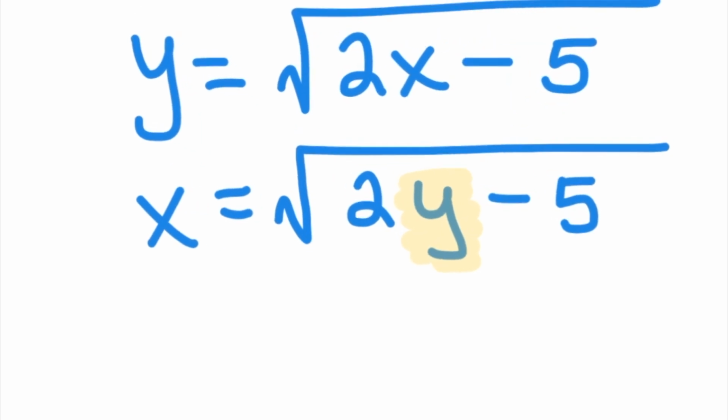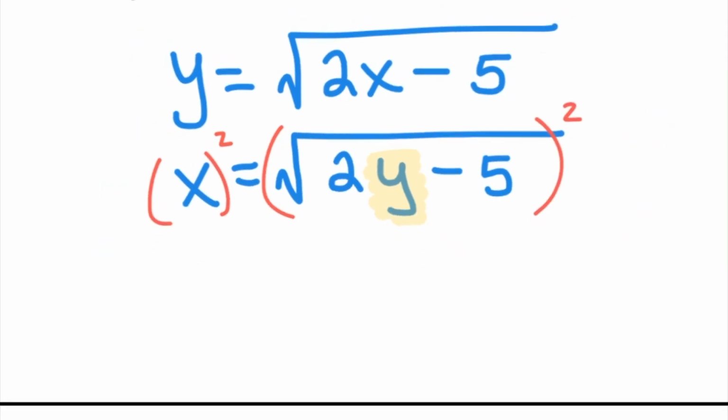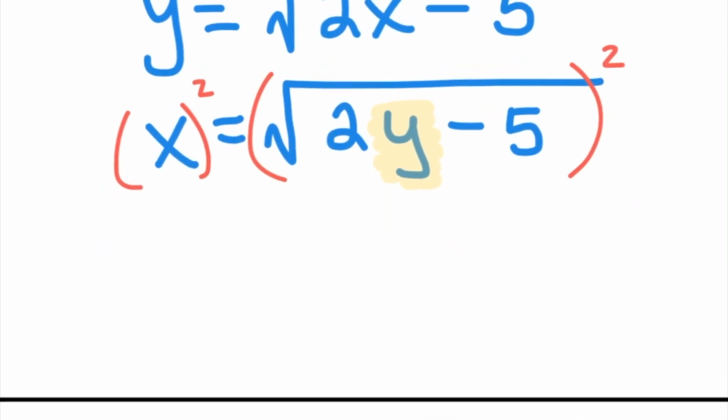So I'll start by squaring both sides to get rid of the square root. And what that gives me then is x squared equals, and then the square root goes away, so 2y minus 5.